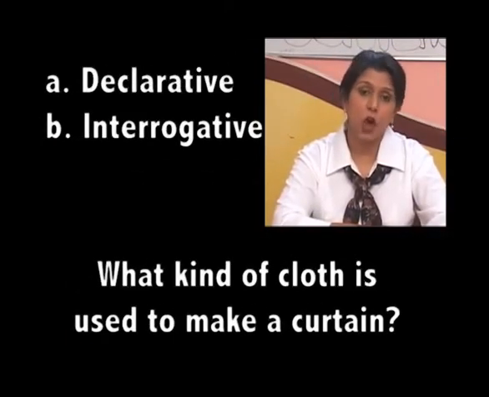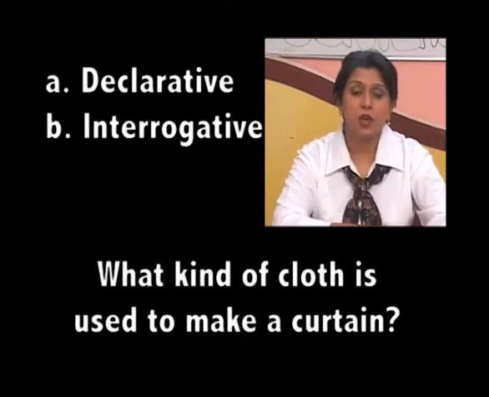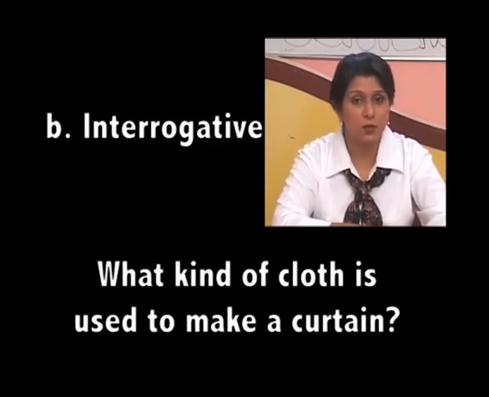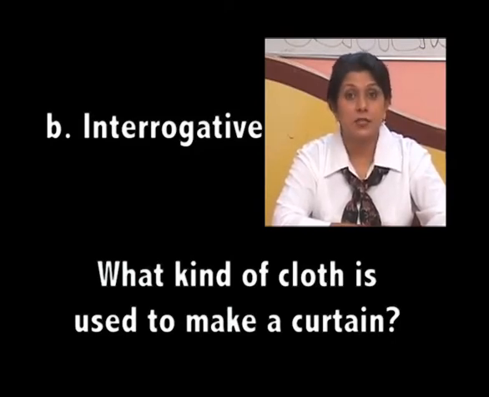What kind of cloth is used to make a curtain? Yes, it's a question, so it's an interrogative sentence. We're asking the question, किस तरह के कपड़े से पर्दे बनाए जाते हैं?